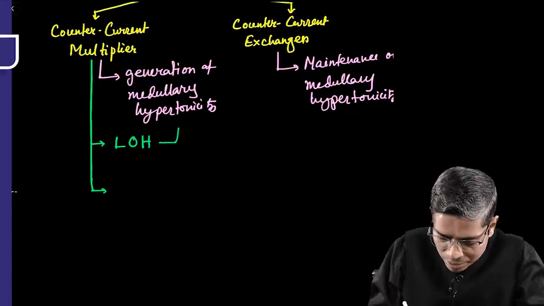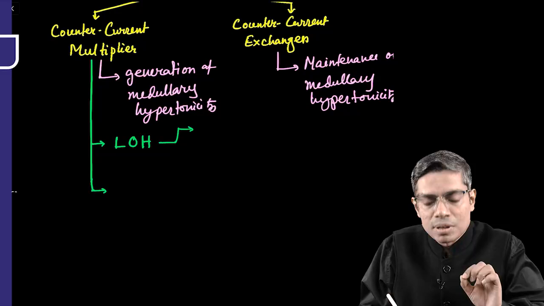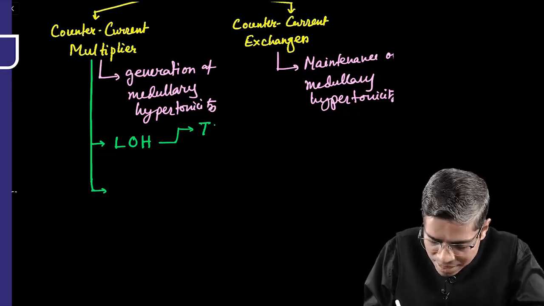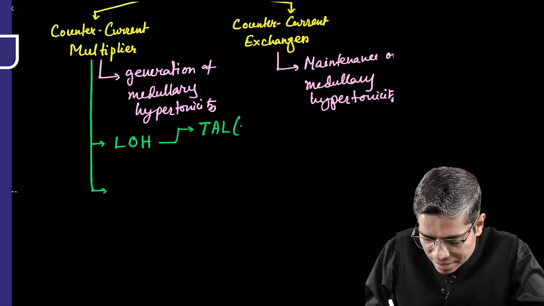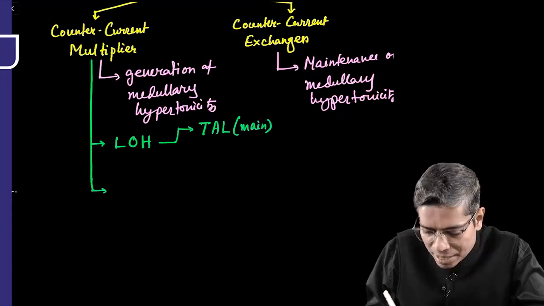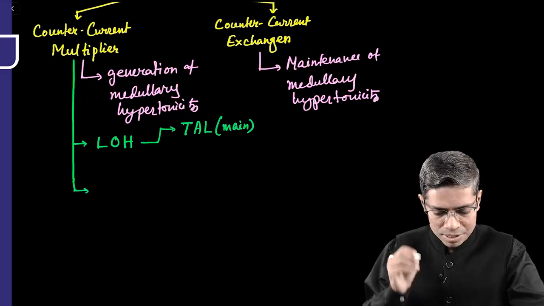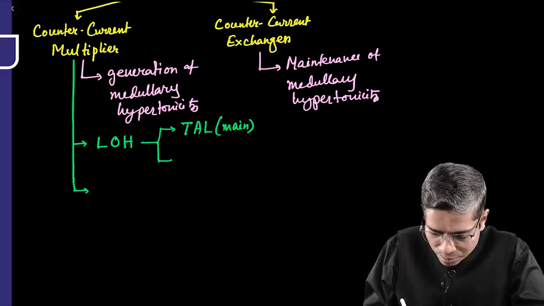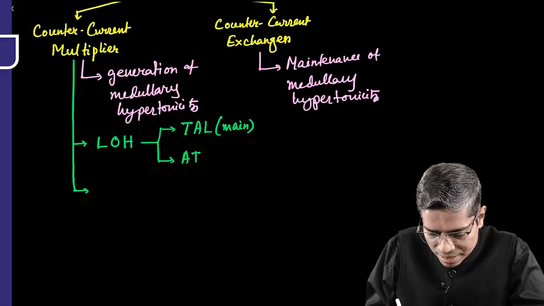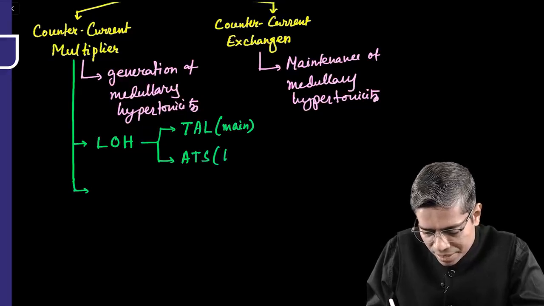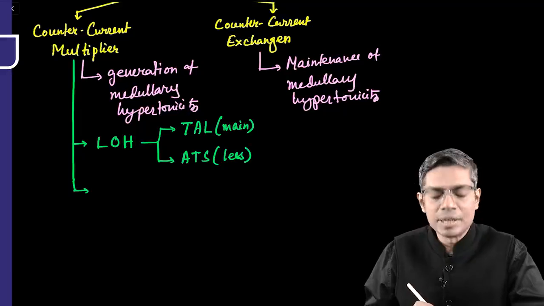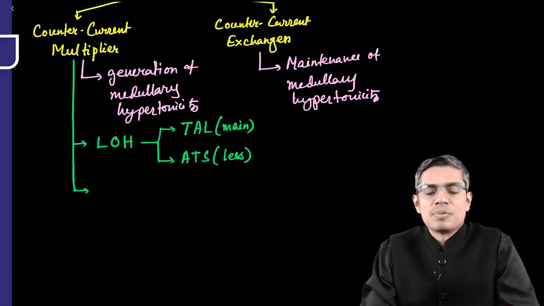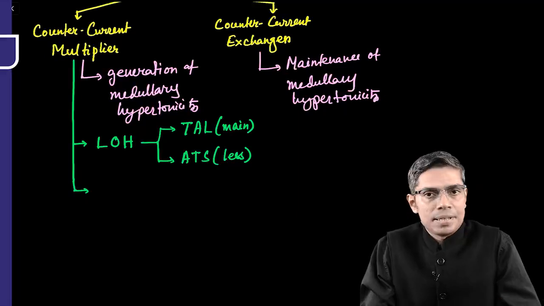The main segment responsible for the countercurrent multiplier is the TAL, thick ascending limb of the loop of Henle. The loop of Henle also has an ascending thin segment. This is a much less important segment, but it is also responsible for the countercurrent multiplier.